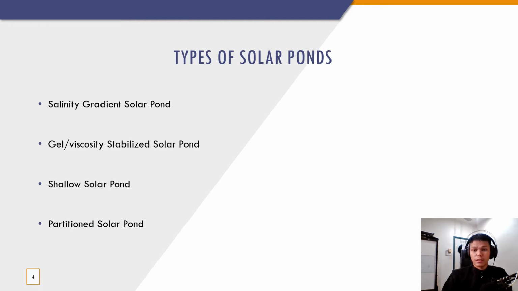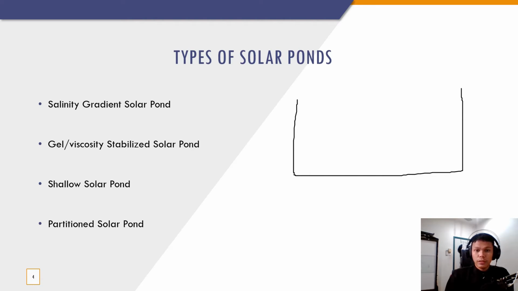It works by using different salinity levels to create a gradient and zones inside the water. I will show a neat little illustration. This is a water container. The bottom layer, also known as LCZ, lower convective zone, consists of a saturated salt solution.